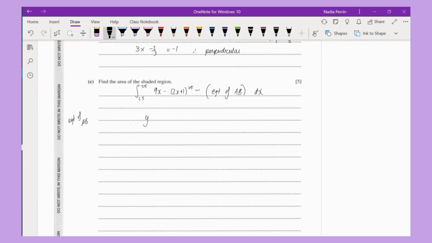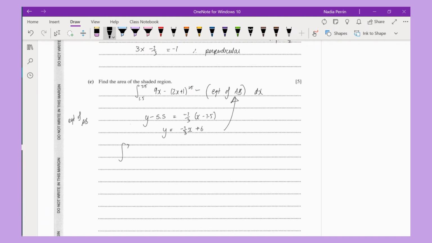So the equation of AB, we've got all the info. We've got the point, or you can choose either point, and we've got the gradient. We did that before. And so we're just going to simplify that, and you end up with negative 1/3 x plus 6.